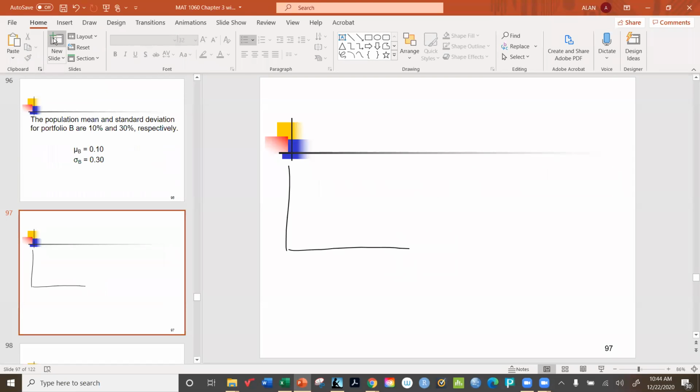This would be the value, the price, and this is time. So here's a stock. These aren't necessarily the same ones we were just looking at. In fact, let me call this stock X and stock Y.